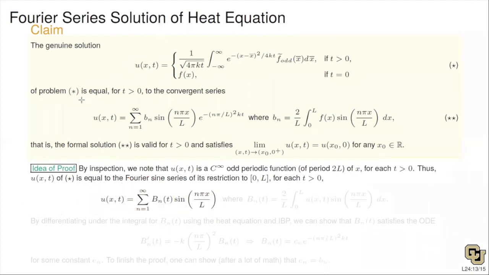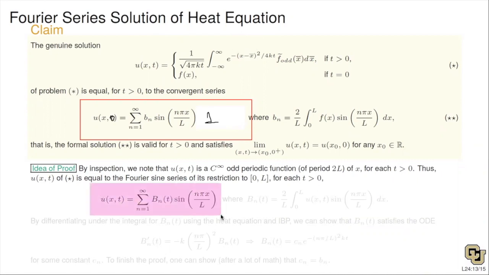It's only when we let t equal 0, the exponential term becomes equal to 1, and then this is a Fourier series when t equals 0. Okay, so we're going to try and get there.